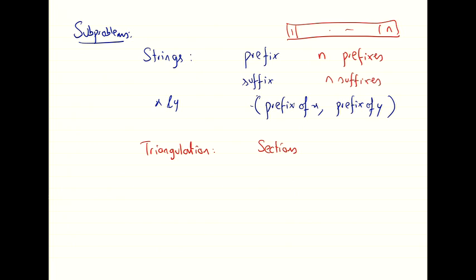But if I look at contiguous sections in the middle, I have n squared sections. These are contiguous sections that go from i up to j for all i and j. That's what happened in this polygon example. For every start point and end point, we looked at the section between the two. So that's a different one.